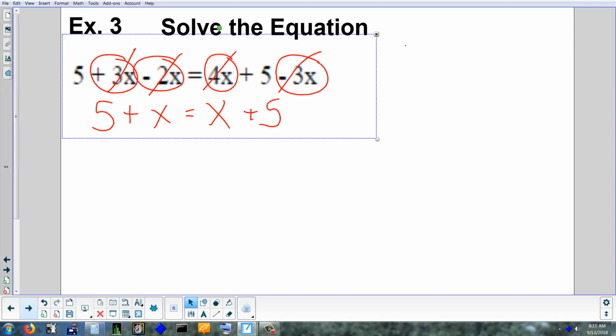What can I do now? Mary? Subtract an x from each side. Yeah, so we're going to subtract the x on the left. Again, like we just said in the last one, when we have variables on both sides, move the variable first before you move the numbers. So we'll get minus x, minus x. The x's cancel out.